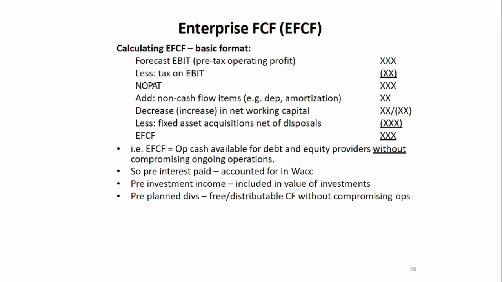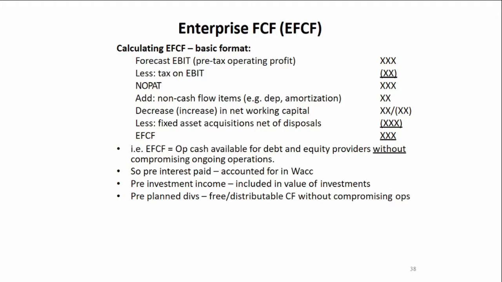Why are we starting here with our EBIT and not our net operating profit after tax? When you are performing an enterprise free cash flow valuation, because you are discounting your cash flows using the WACC, it is not appropriate to subtract the interest expense in your free cash flows.